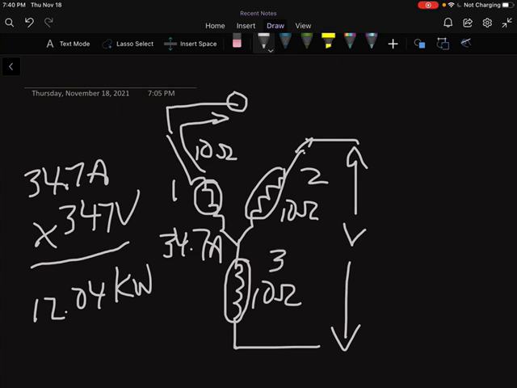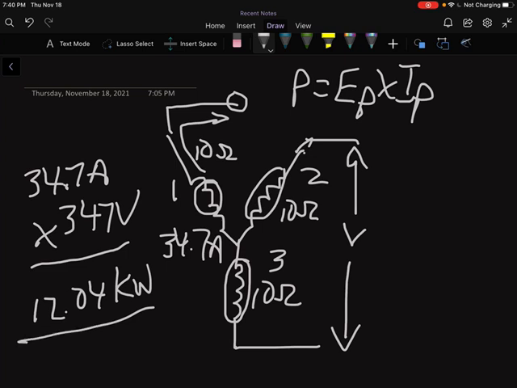And to calculate our three-phase power, it is simply taking those values. So you had a value of your E phase times your I phase. That gave us this value of 12.04, and I just multiply that by 3 because I have 1, 2, 3 coils.